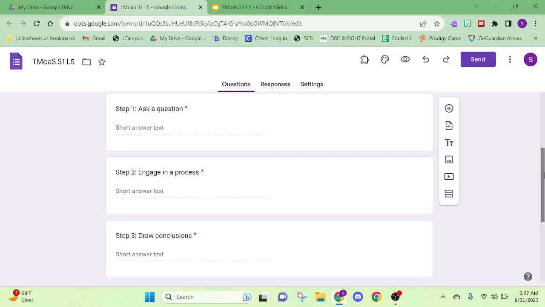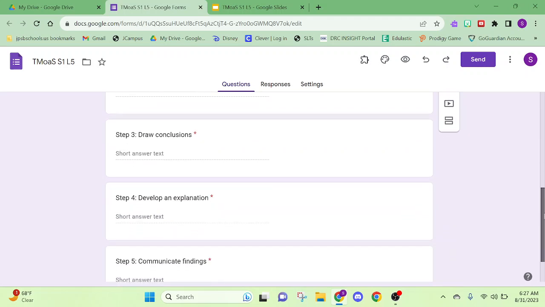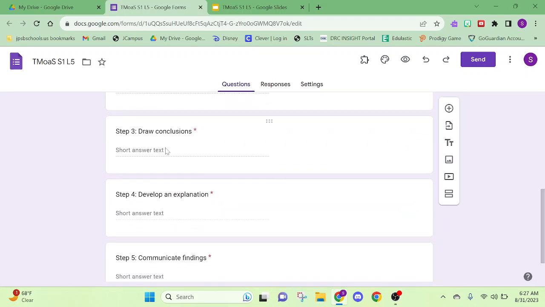Draw conclusions. Again, didn't actually draw, but they read that the dinosaur was 25 feet tall and 6 feet across. Well, develop an explanation. What does that mean? It means that the dinosaur would be tall enough to look in through the second story window, but its head would be too big to fit in the window.